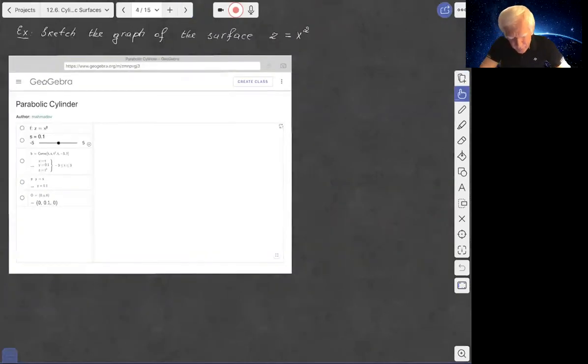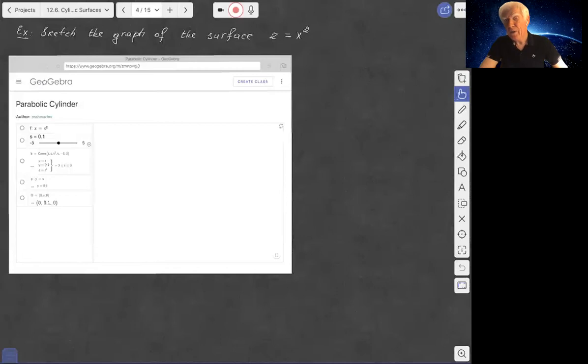Let's consider another example. Sketch the graph of the surface z equals x squared. Let's see what that is. We see that y is missing here. If y is missing, it means that it can take any value. So if y is equal to 0, we get z equals x squared, a parabola.